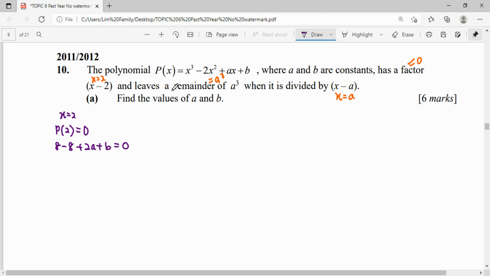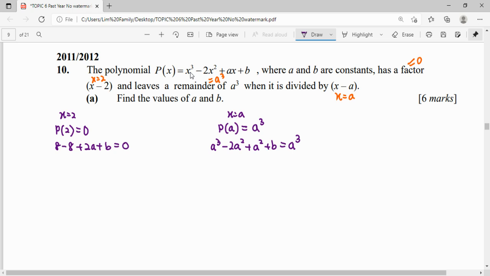And then the second concept here will be our remainder theorem. When x equals a, the remainder p(a) equals a cubed. So we substitute a here, and it will equal a cubed minus 2a squared plus a squared plus b equals a cubed.